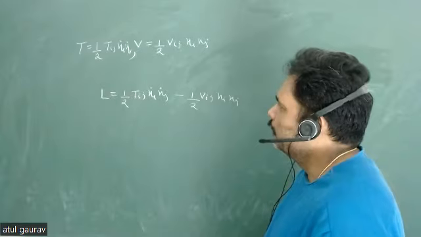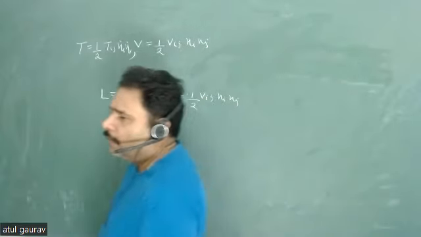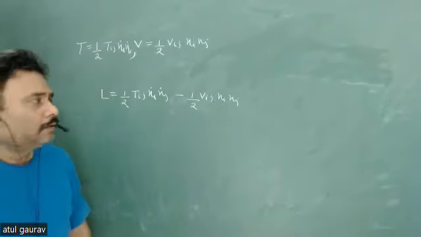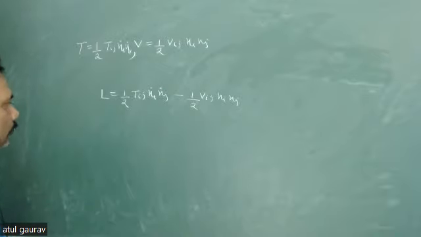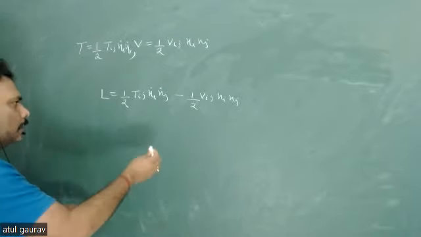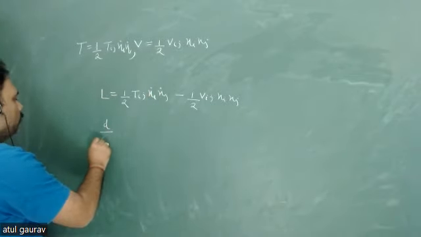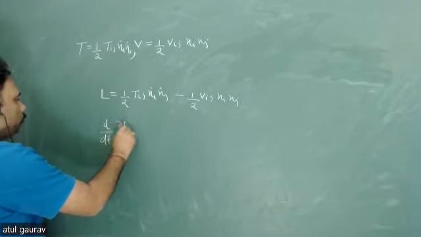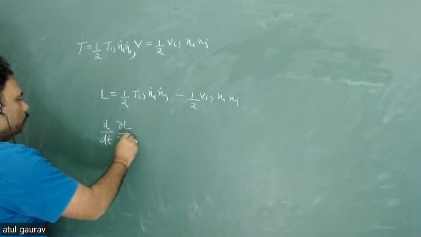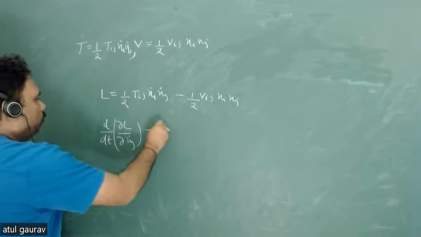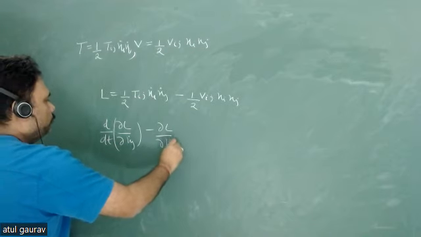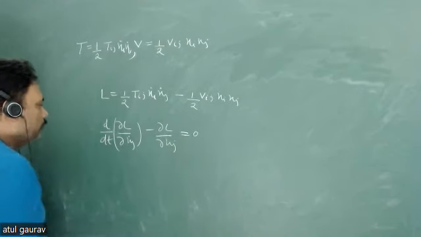Okay. And now we can go for the equation of motion. So if we are going for the equation of motion, then what will happen? Suppose we are doing the equation of motion for the jth coordinate, then this will be the equation of motion. Clear?